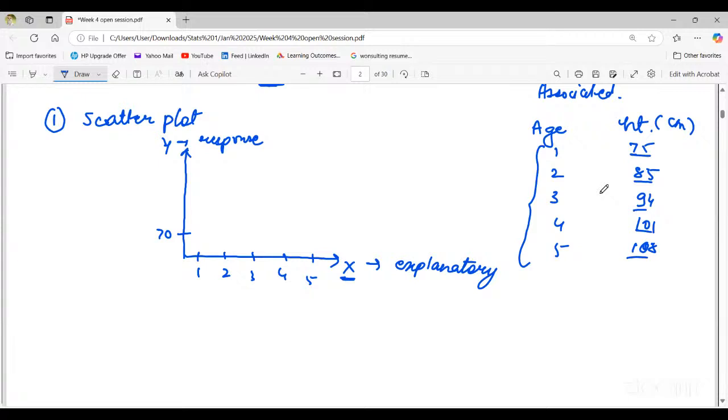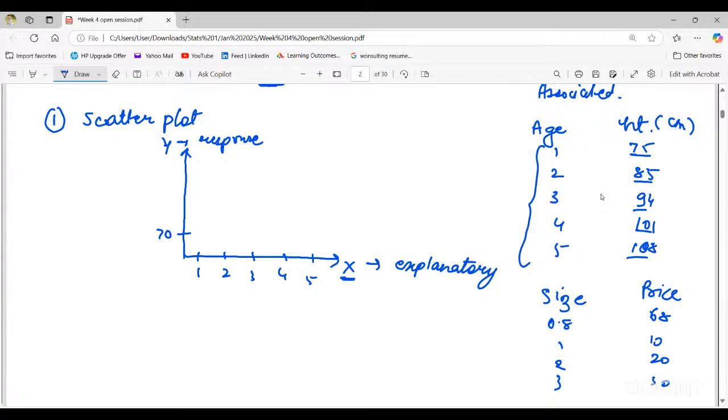Let's take another example. Like if I'm having houses, there are two columns, one is size and one is price. I'm having different sizes in square feet, like 0.8 or 1, 2, 3, something like that, and different prices, like 10 lakh, 20 lakh, 30 lakh.